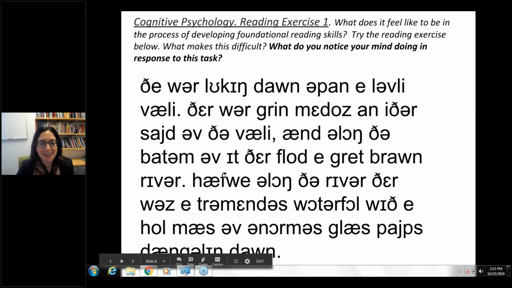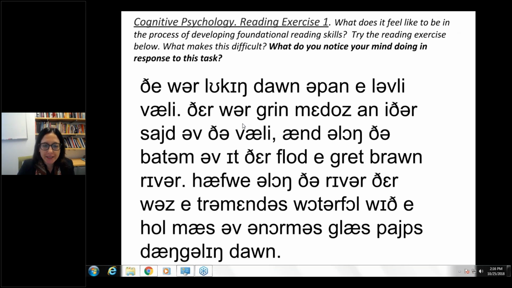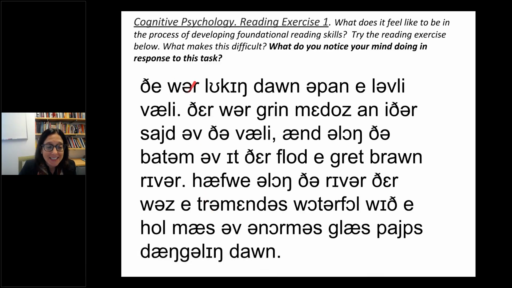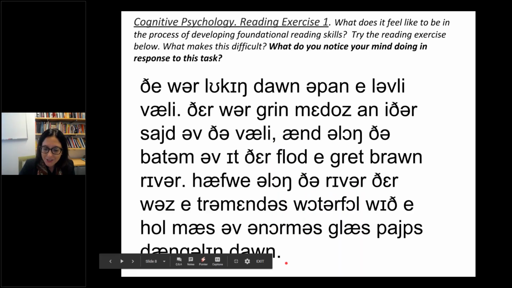So maybe this is fairly easy for everyone to read, but usually when people try to read this, it's this experience of you can kind of read it, you sort of recognize some patterns, like you might recognize that this is the word were, maybe this looks like down, maybe this looks like, but really usually it's hard to even make your way through the whole passage because it's such a frustrating experience.